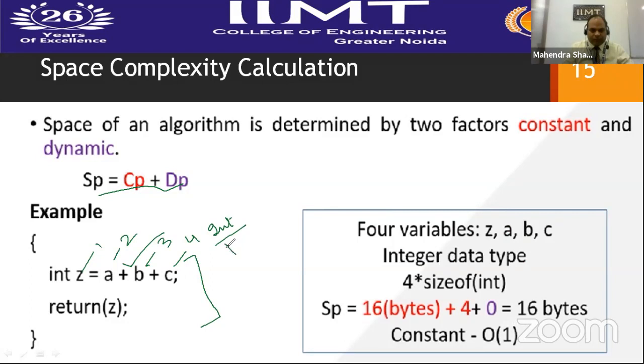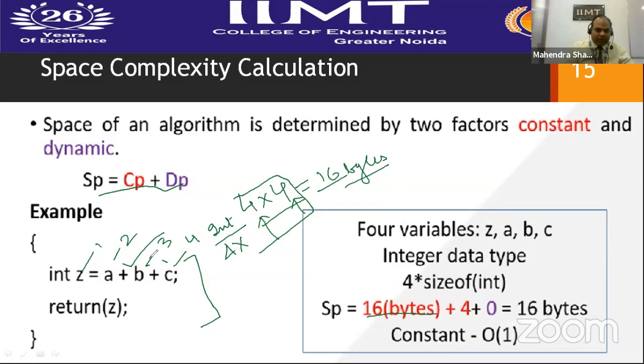As we know, an integer requires 4 bytes, so 4 multiplied by the size of an integer. So space is equal to C of P. Why 16? Because there are 4 variables, so 4 multiplied by 4. 4 is the size, 4 is the number of variables. So one variable requires 4 bytes, so 4 variables will require 16 bytes.